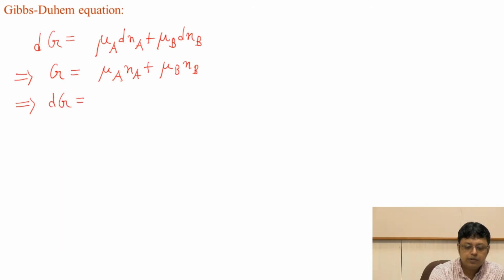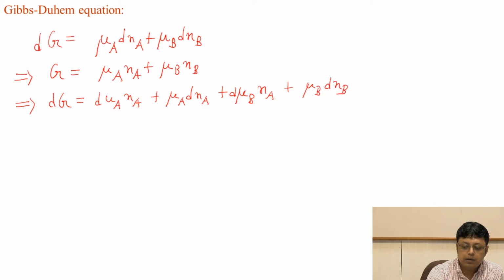If I apply the chain rule, it will be d mu A NA plus mu A dNA plus d mu B NB plus mu B dNB.